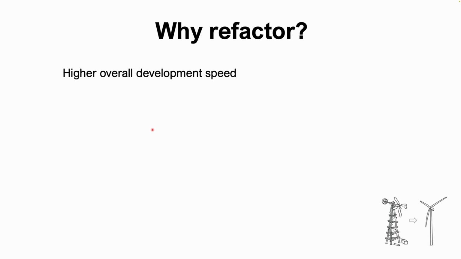Well, as I mentioned here, higher overall development speed, or maybe a steady, stable speed. We will have an optimized code base size. We might decrease it because we can remove code, we can make it smarter, we can reuse code, and so forth.